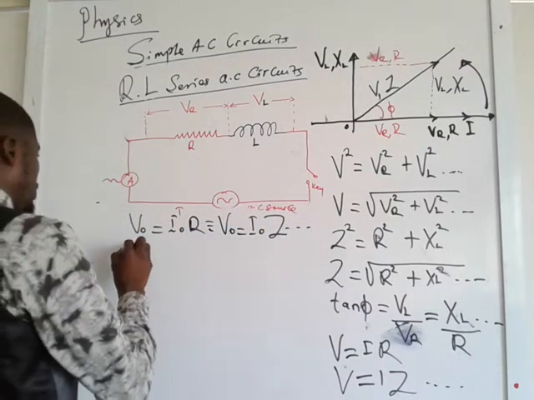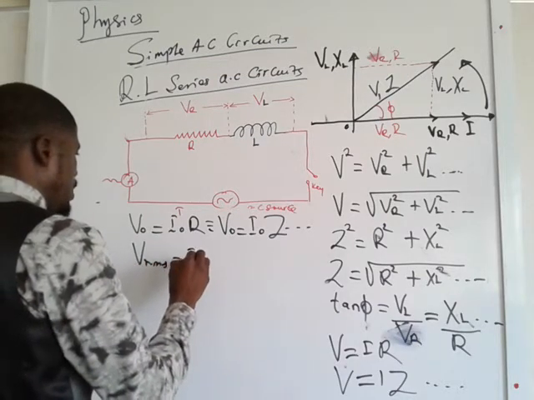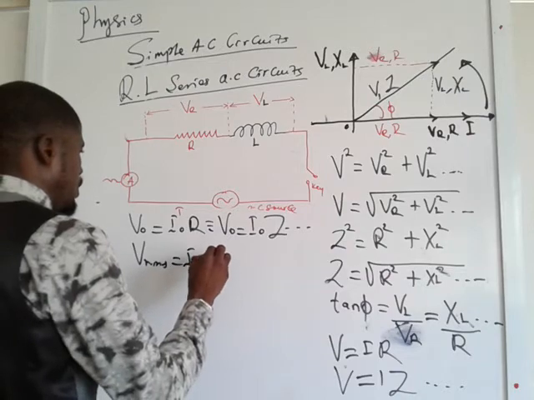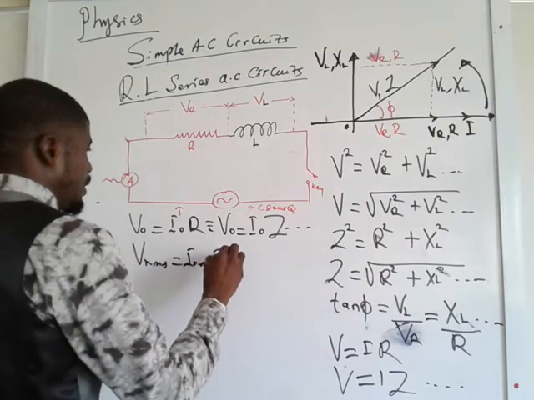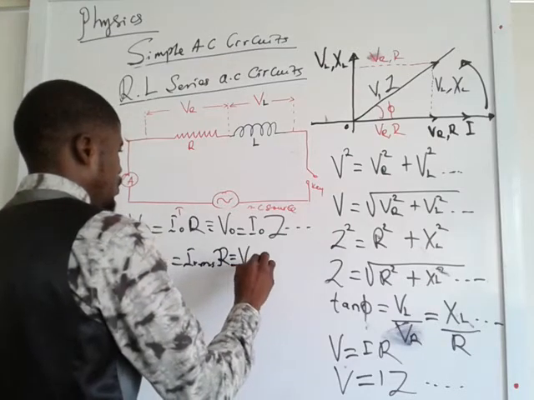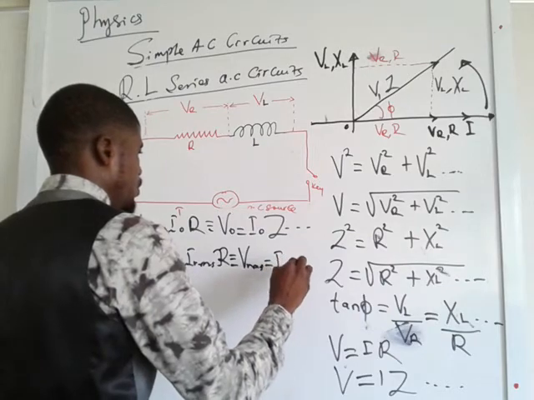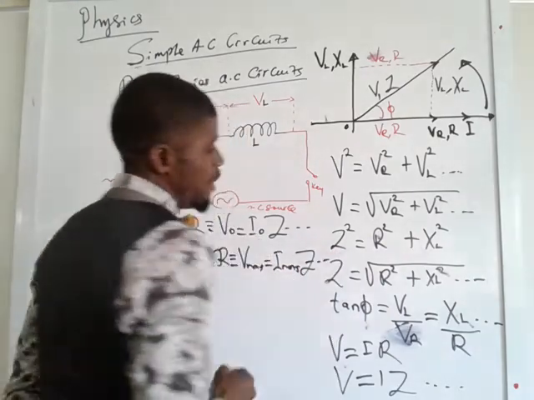You also know that V root mean square is the same thing as I root mean square R. This is congruent to V root mean square, which is equal to I root mean square Z. Name it.